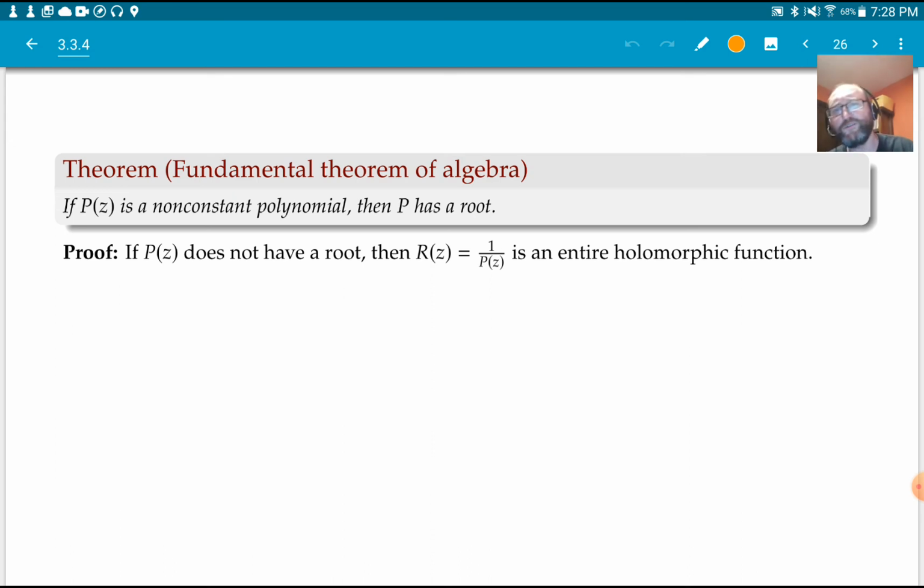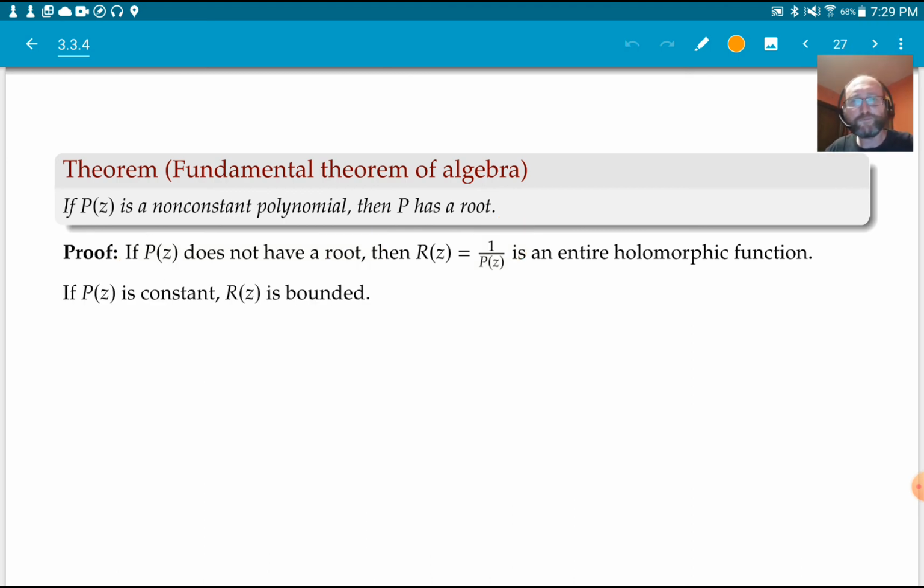So let's suppose that P does not have a root. There is no z for which P of z is 0. Well, then 1 over P is an entire holomorphic function, because if P didn't have any zeros, then 1 over P is defined at every z, and it's holomorphic.